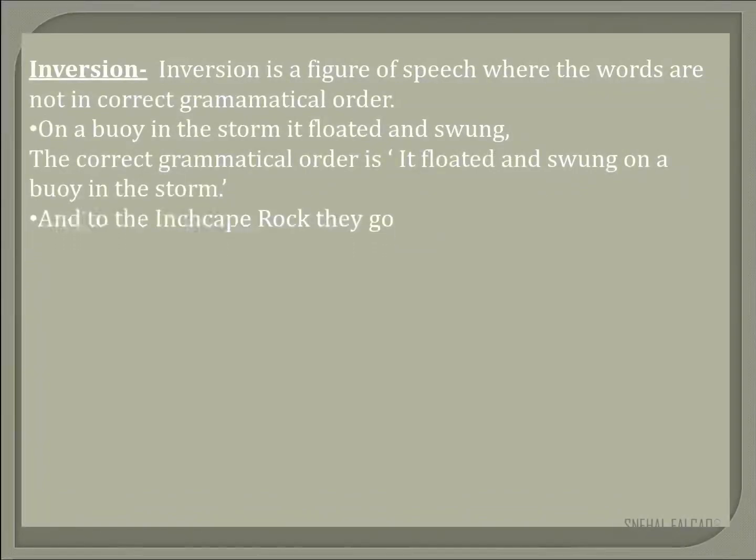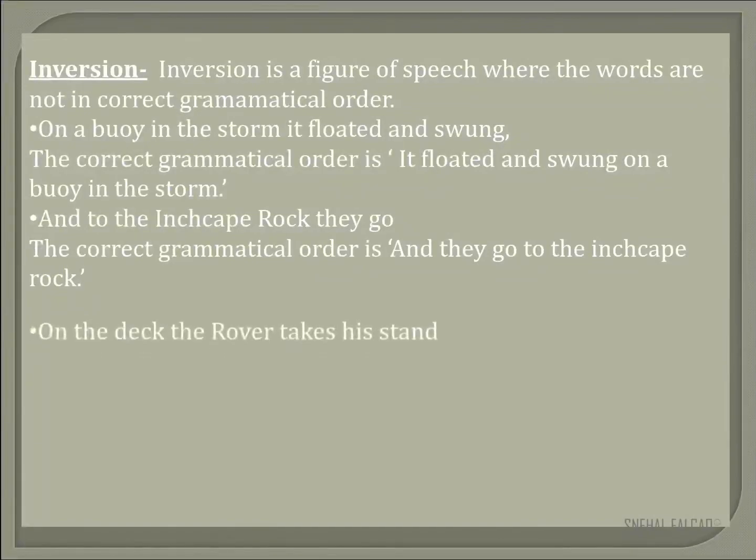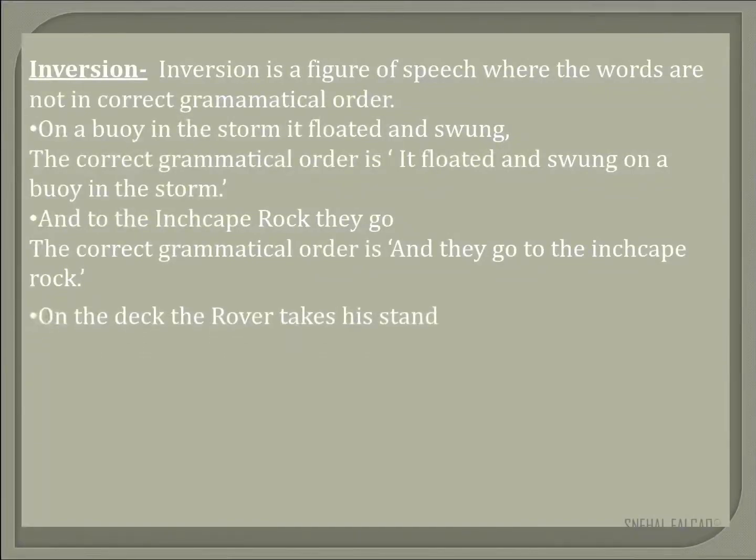Second example, and to the Inchcape Rock they go. Here again, the grammatical order is incorrect. The correct grammatical order is: and they go to the Inchcape Rock. Third example, on the deck the rover takes his stand. Here again, the grammatical order is incorrect.